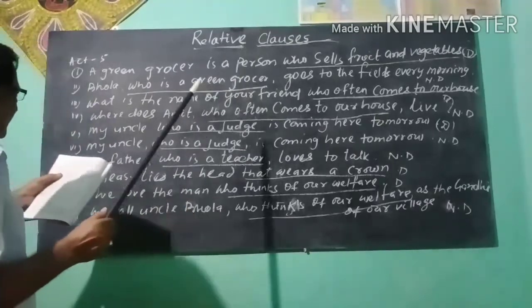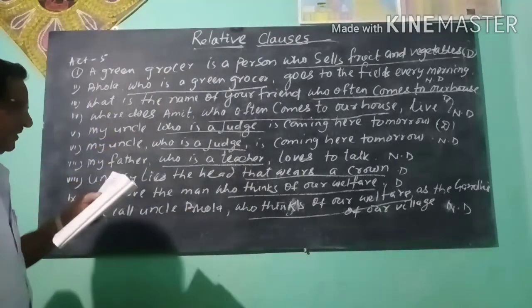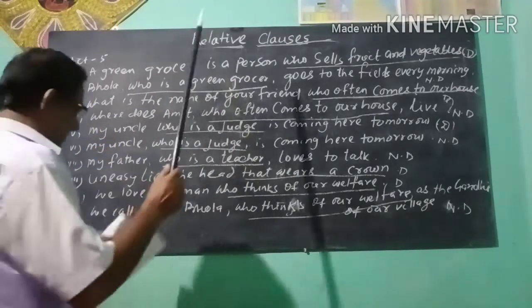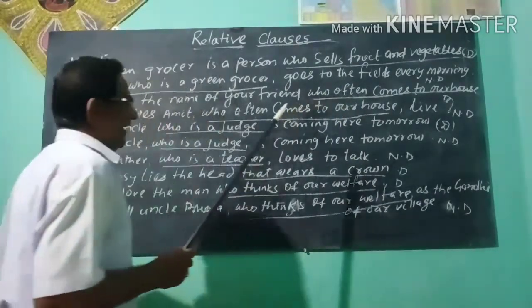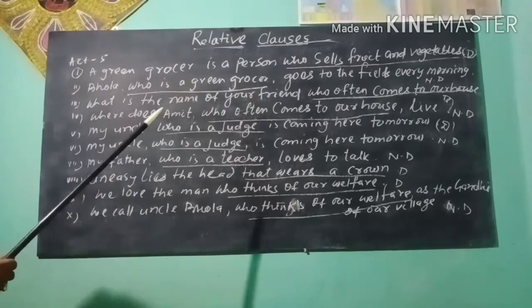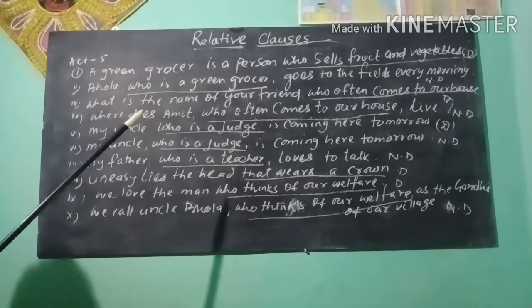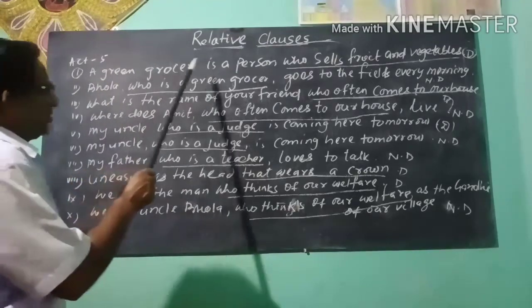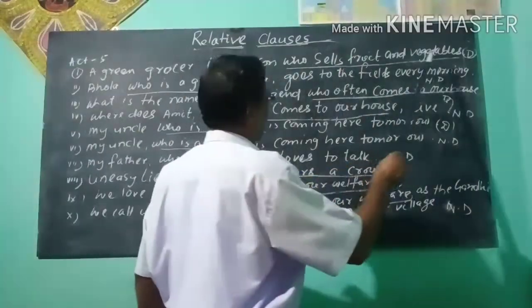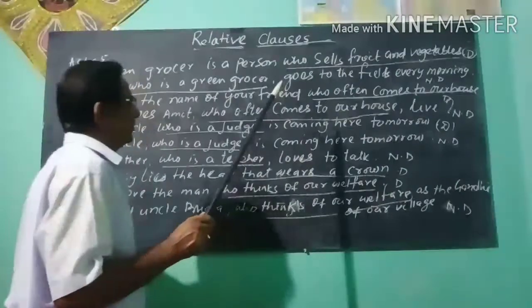Hence, now you see activity 5. Underline the relative clauses in the following sentences. Write D for defining and write A for non-defining relative clauses. You see the first sentence, a greengrocer is a person who sells fruit and vegetables.